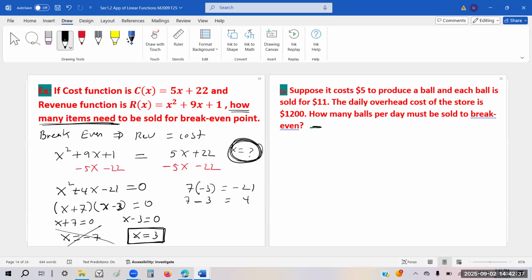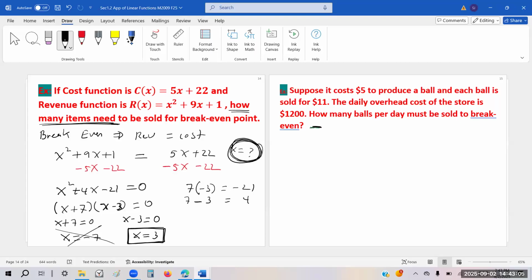So it's $5 you bought each ball and you sold the same ball for $11. So the daily overhead cost is $1,200. So daily you're going to give them $1,200. How many balls per day must you sell if you want to break even?